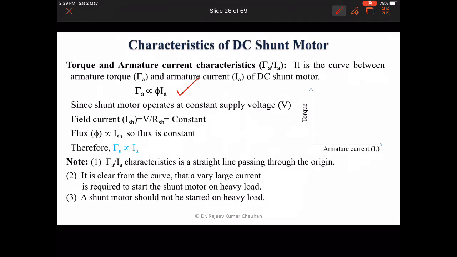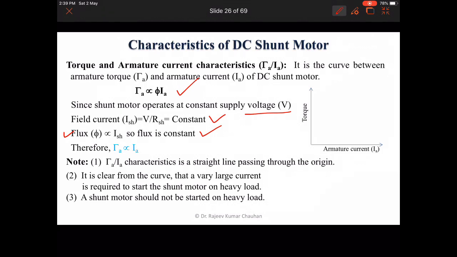Okay. Since the shunt motor operates at constant voltage, the field current, which is equal to V upon RSH, is also constant.